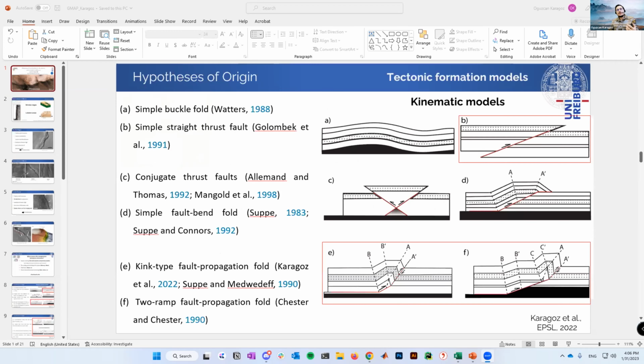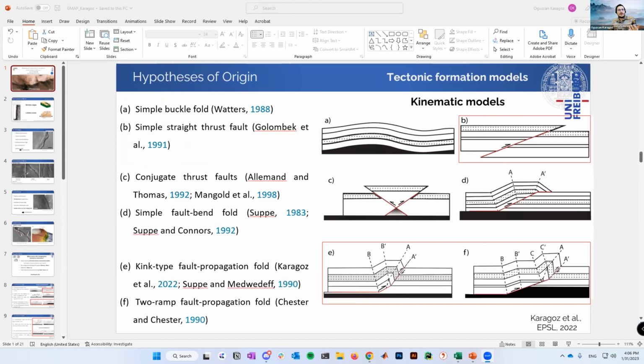In principle, wrinkle ridges and lobate scarps are poorly understood, I would say. Here I put some tectonic formation models proposed to explain them. I don't want to go into much more detail, but keep in mind the red boxes. This is basically a straight fault model from Golombek, and these are the SUPA model and the Chester and Chester model.